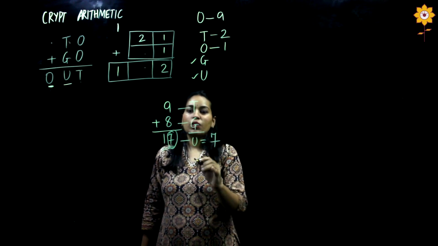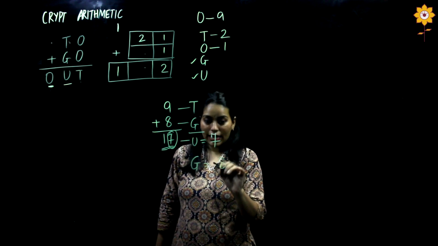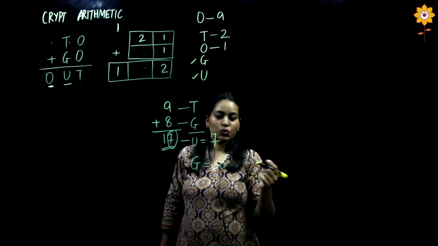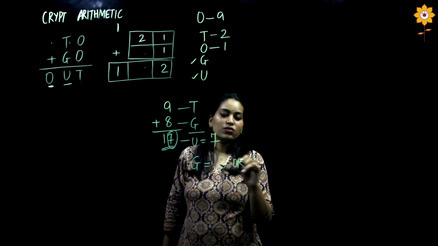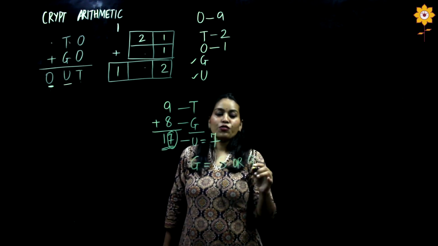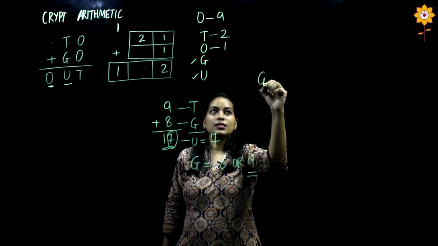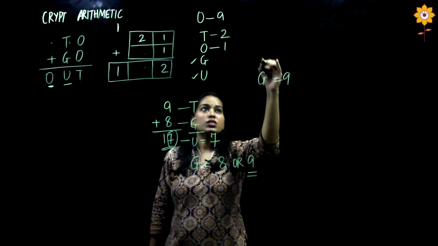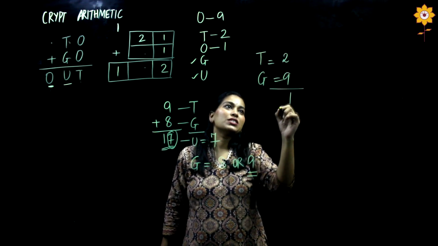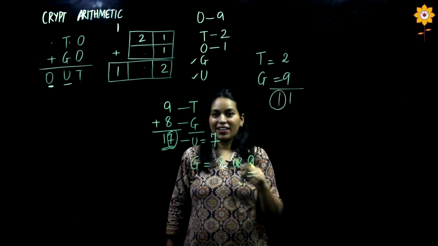The only possibilities are 8, because 8 plus 2 is 10, a 2-digit number, or 9, because 9 plus 2 is 11. If you use G as 9 and T as 2, it will result in 11, which satisfies our case because it generates a carry.